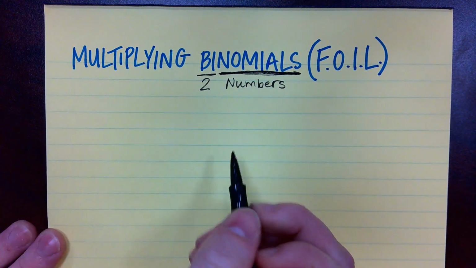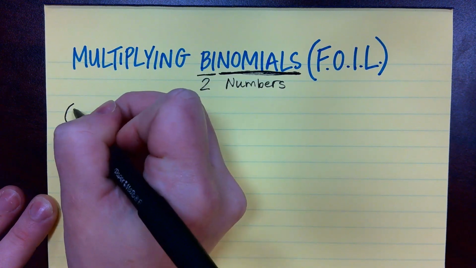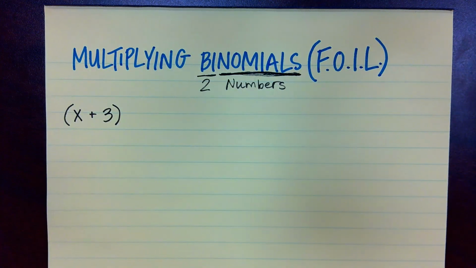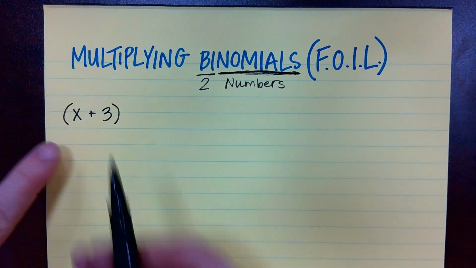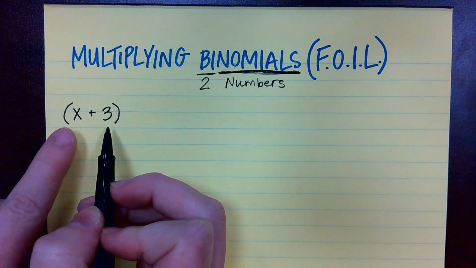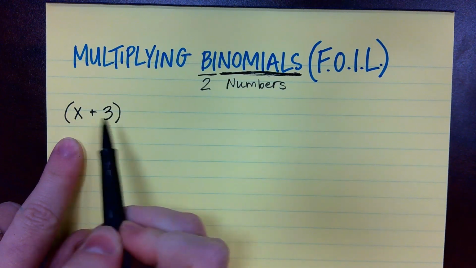So a binomial, for example, would be something like this. X plus 3. That is a binomial. So it's just going to be two terms in parentheses. And the only thing that really matters here is that they are not like terms.